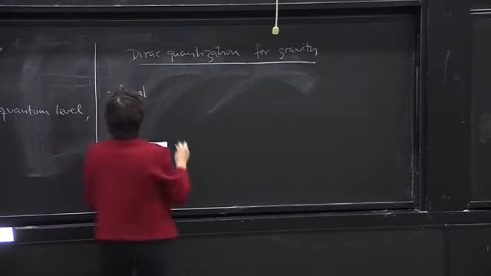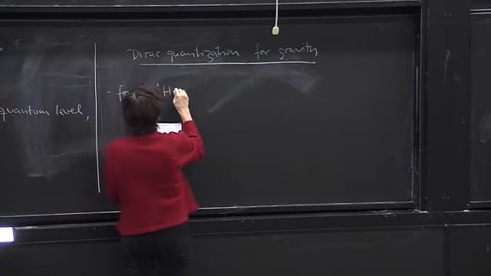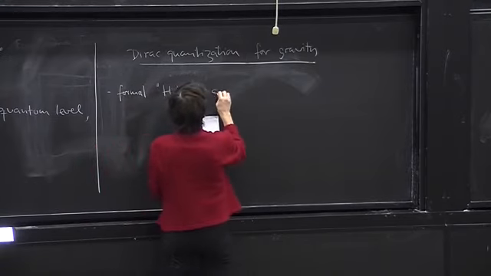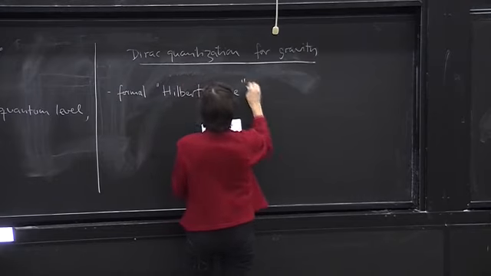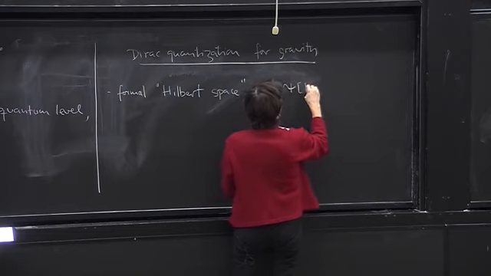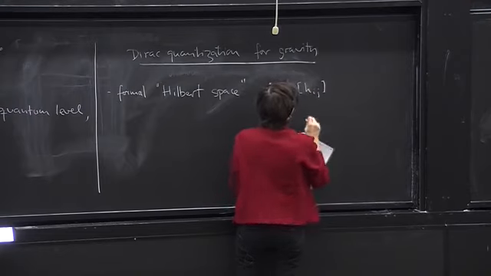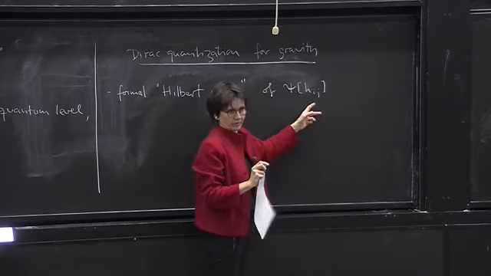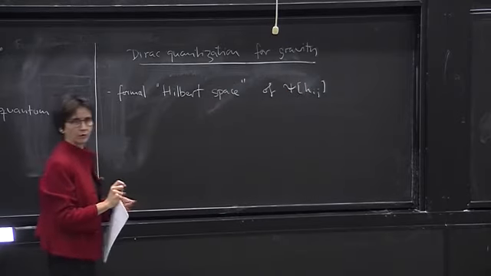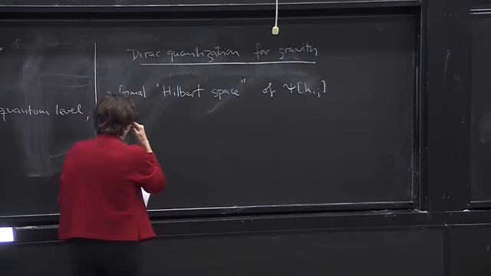But of course, there's absolutely no guarantee that this happens. So at this formal level, you are thinking of a Hilbert space of wave functions that depend just on the configuration variables of the classical theory. That is, of course, the analog of psi of x in quantum mechanics.